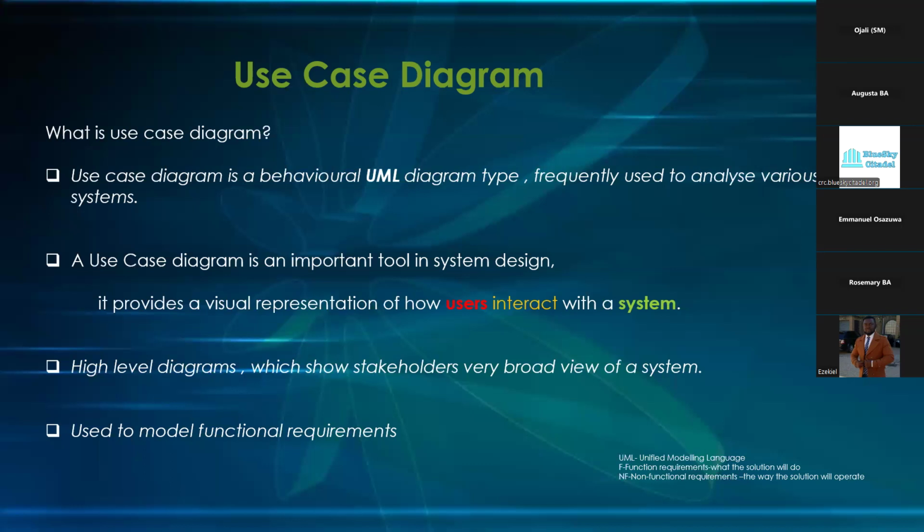So for you as the BA, you're just trying to bridge the gap between what the design is, to the technical guys and also to the non-technical guys. You are bringing them together, showing them how the system is going to behave and interact with the external environment. The use case diagram simply provides a visual representation of how users interact with a system.